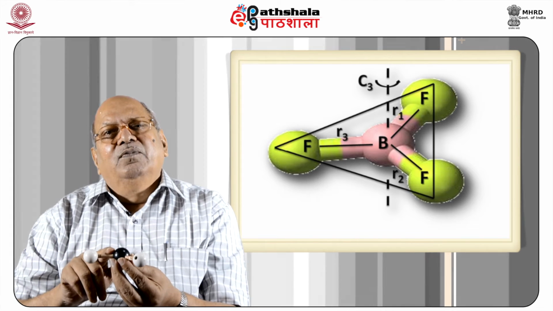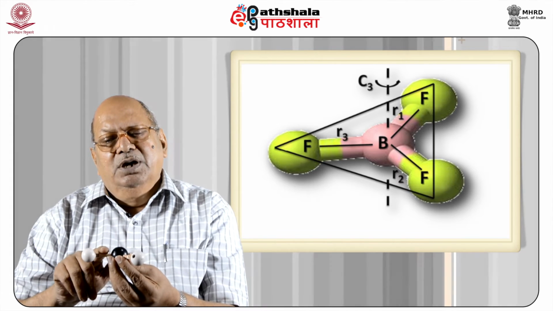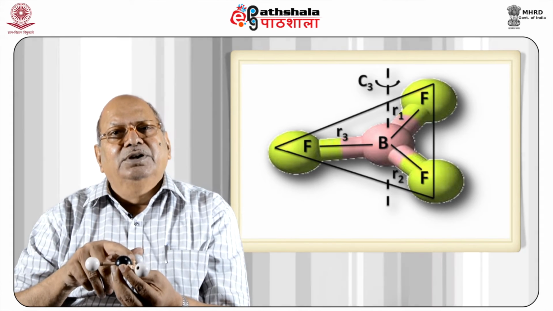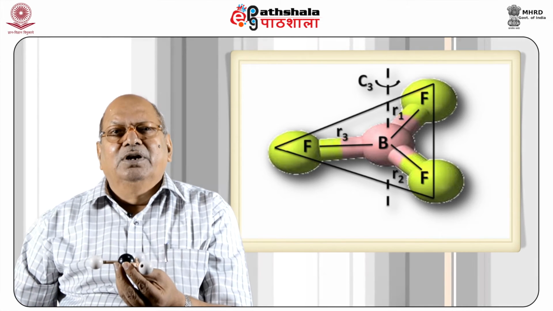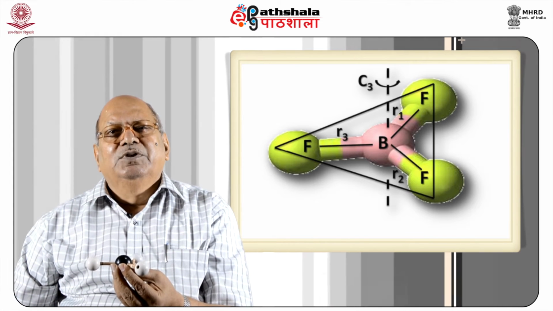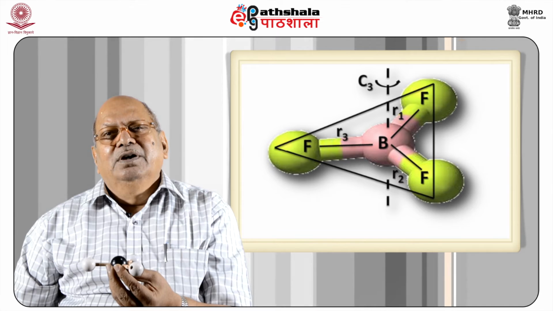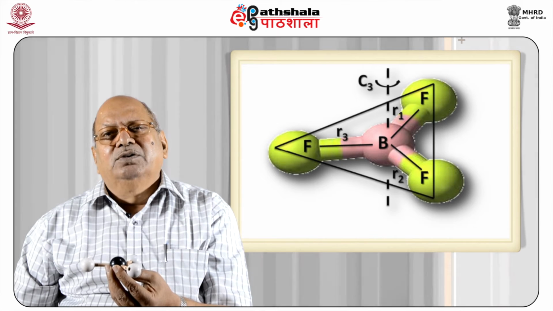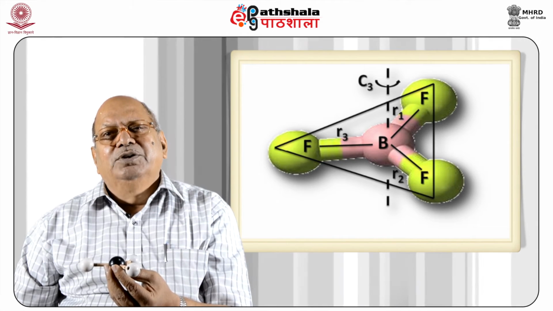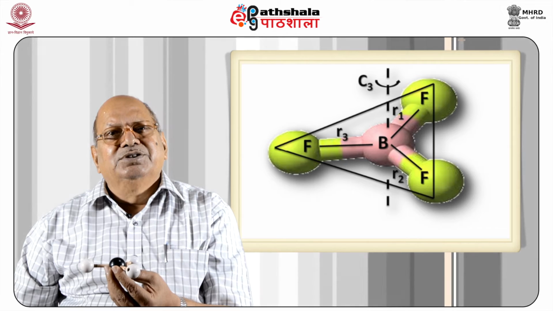Now, again we have 3 bond vectors, R1, R2 and R3, in this molecule, and the C3 axis is shown.